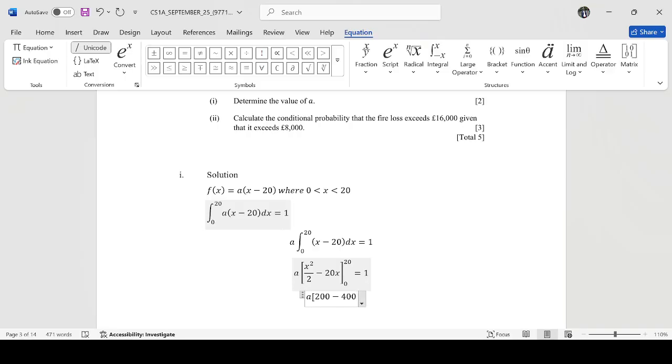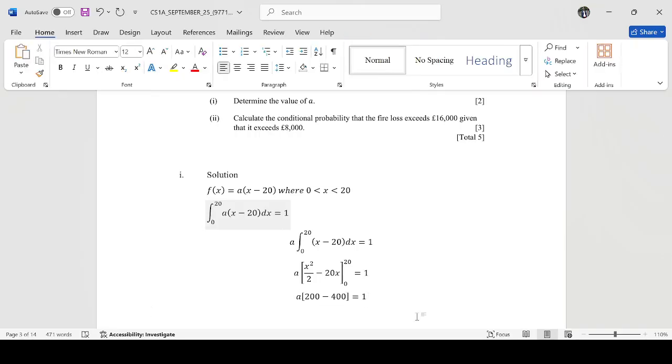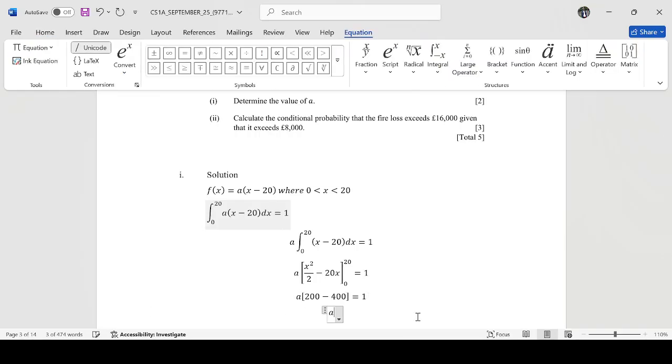For the lower limit, everything is going to be 0. So all of this equals 1, which means you have a times negative 200 equals 1.